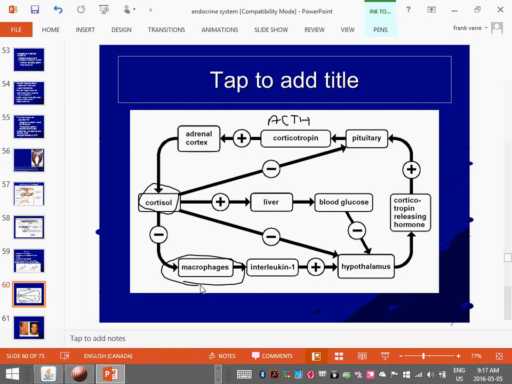The immune system. So you can see that cortisol has a negative effect on your immune system. So it has a positive effect on increasing sugar levels, but it has a negative effect on your immune system. So far, so good?